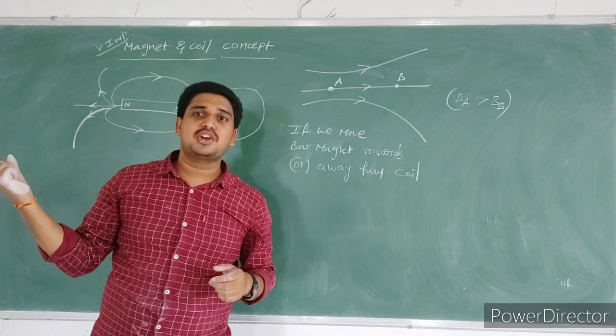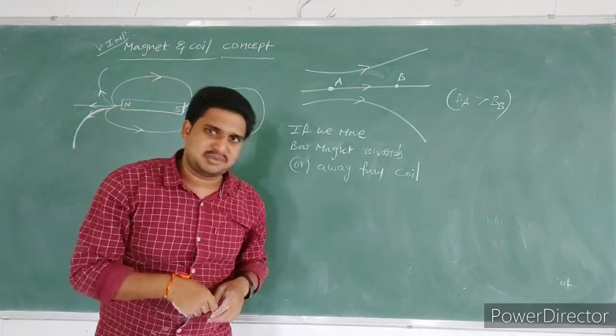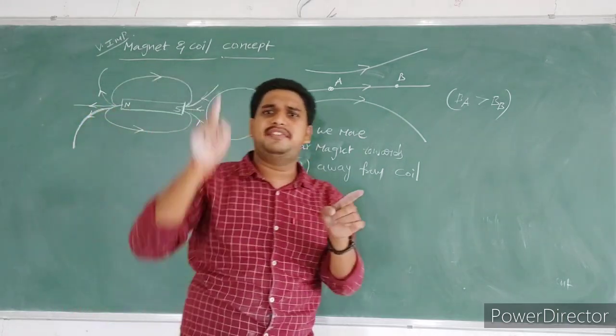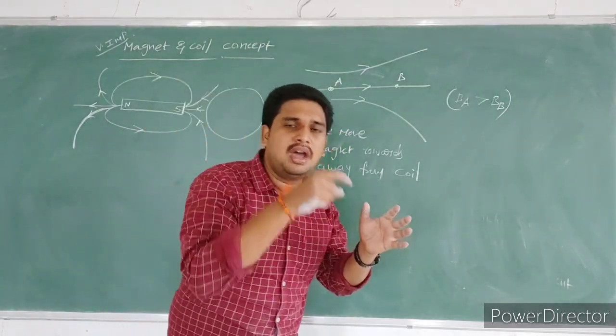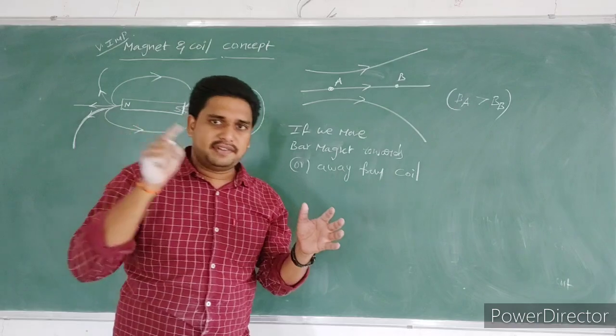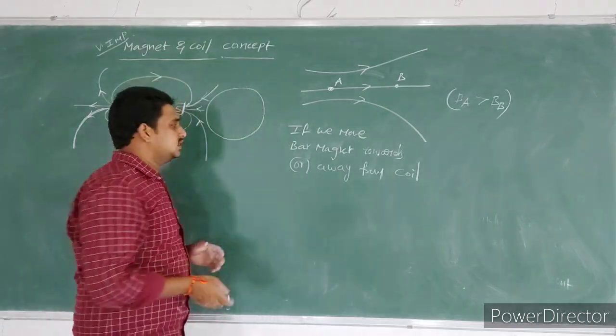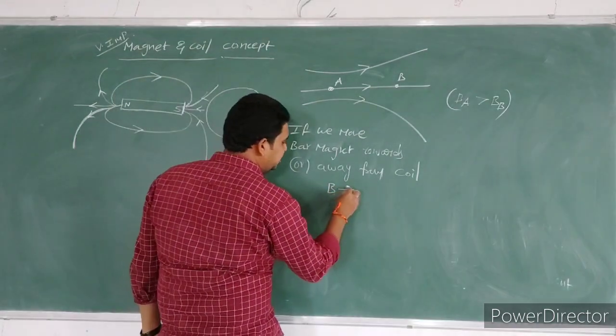If you move away from the coil, the magnetic field strength decreases. Did you get my point? Whatever it may be, the magnetic field definitely changes. If any bar magnet moves towards the coil or away from the coil, then definitely the magnetic field changes. So here the magnetic field changes.